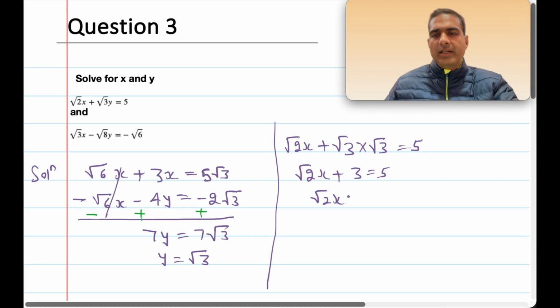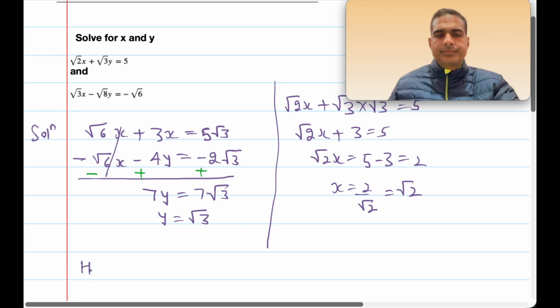So root 2x is equal to 5 minus 3, that is 2. If I divide by root 2 on both the sides, I will be getting 2 over root 2, that is root 2. So the values of x and y for this system of linear equations we got are root 2 and root 3. So hence x is equal to root 2 and y is equal to root 3 is the solution.